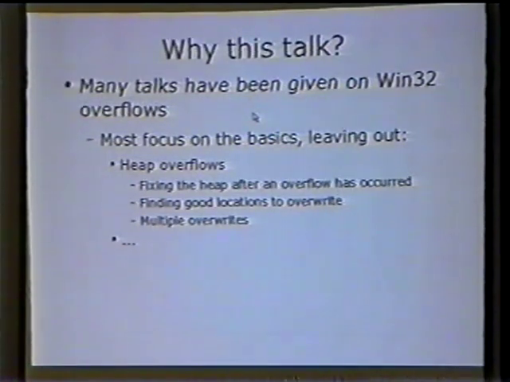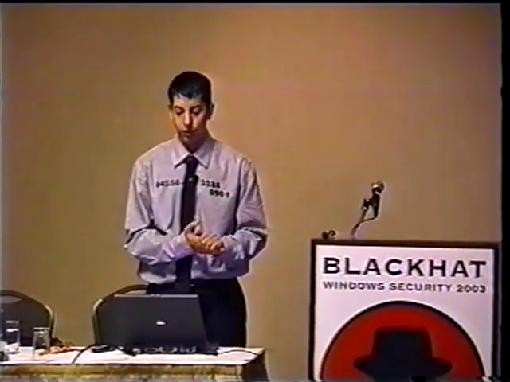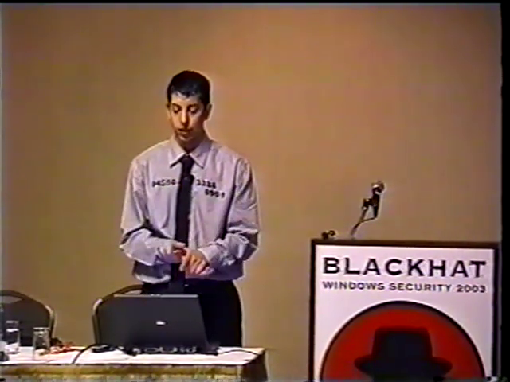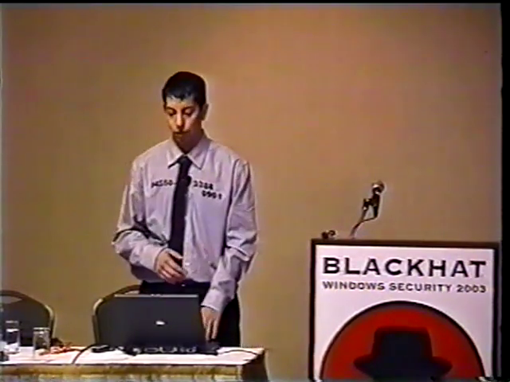But there are a lot of interesting places to go when exploiting a Windows heap overflow that I don't think any talk or paper has really done. Fixing the heap after the overflow occurs is probably the main one. The other one is actually finding the function pointers as you trace through the exception handlers and doing the multiple overwrites. There's actually a New Zealander who was keying me into ways of doing multiple overwrites recently.